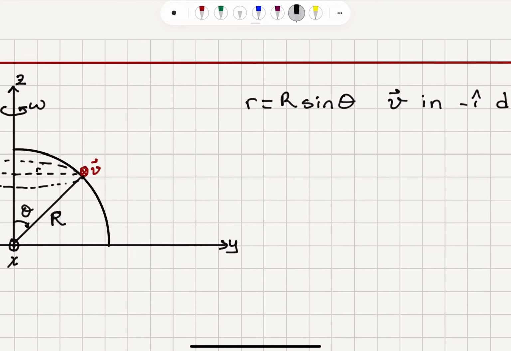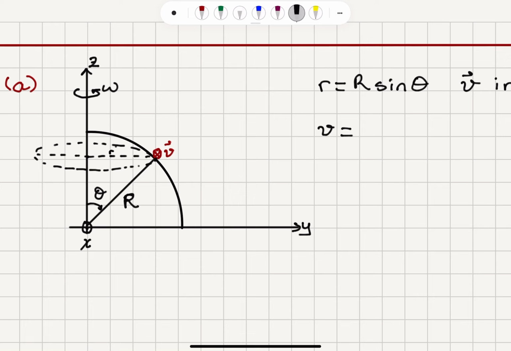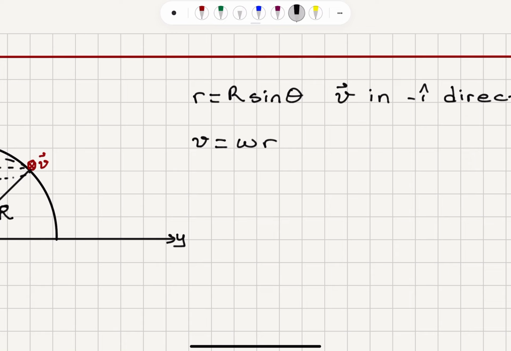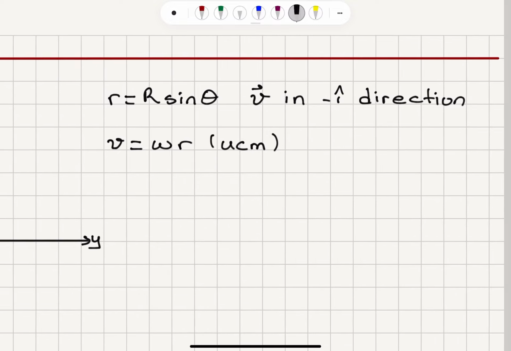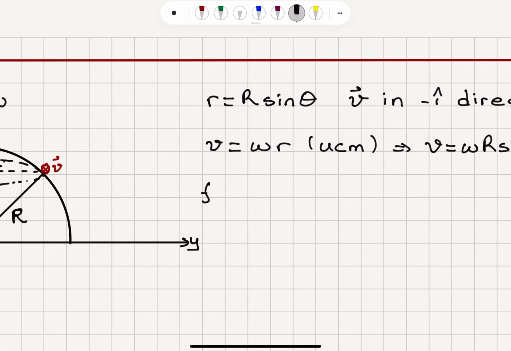Now if it's performing uniform circular motion, because there is a constant angular speed for this shell, v is equal to omega times r, and therefore v should be written as omega times capital R sine theta. Now the frequency is given to us as 2 Hz, so it makes 2 rotations every second.